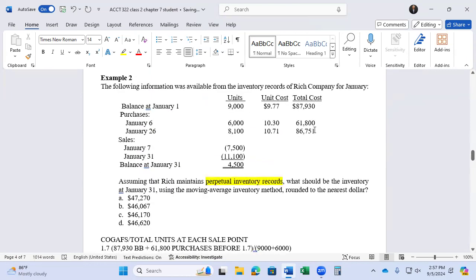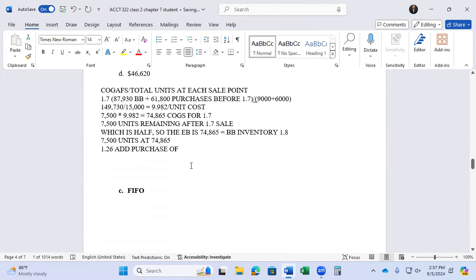And it tells us the amount, so we don't have to use a calculator. It's 86,751. And that was 8,100 units.